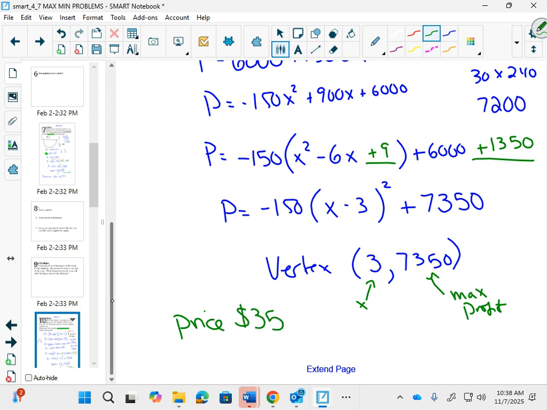That would mean only 210 students would buy it. I don't care about that because we get more money. You only care about getting more money. $7,350.